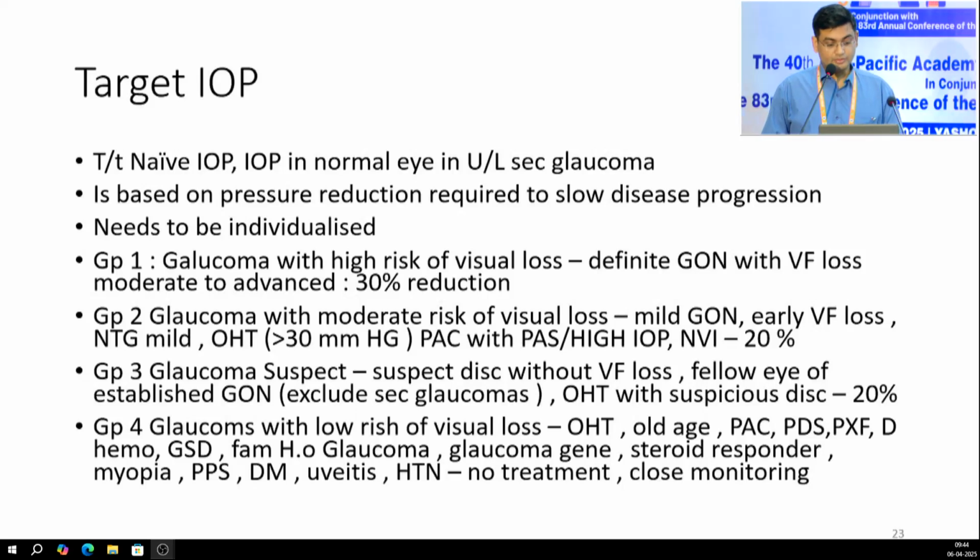In group 4, where there is low risk, such as a family history, PAC or PDS, pseudoexfoliation, or hemorrhage, you may not start the treatment at once, and you have close monitoring and see the progression.